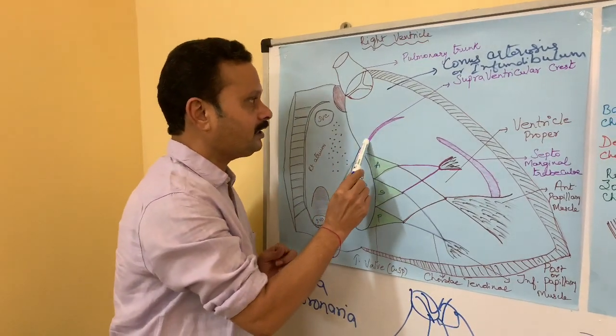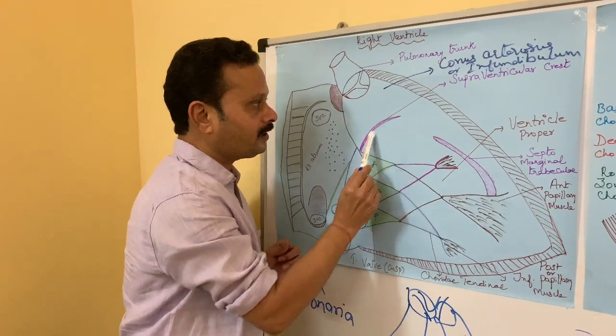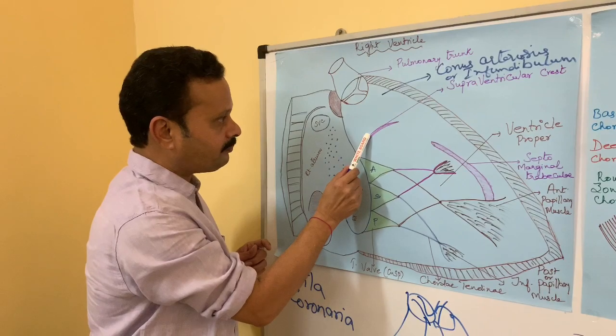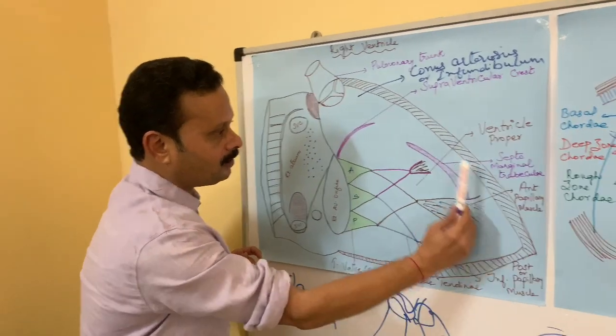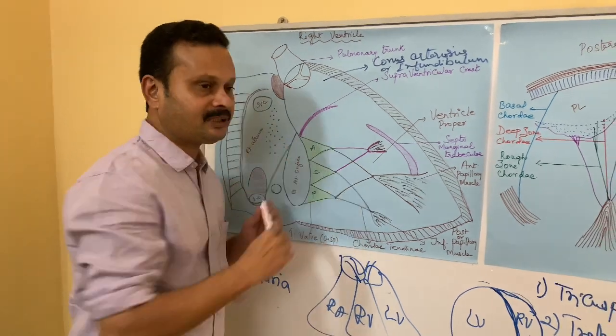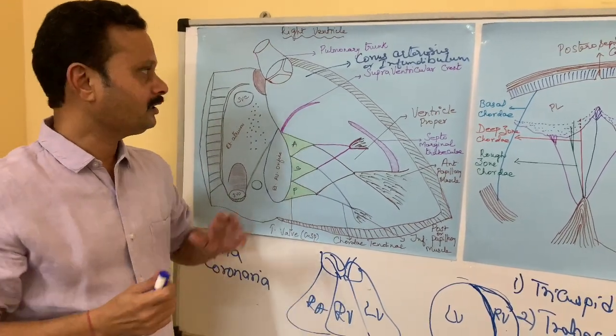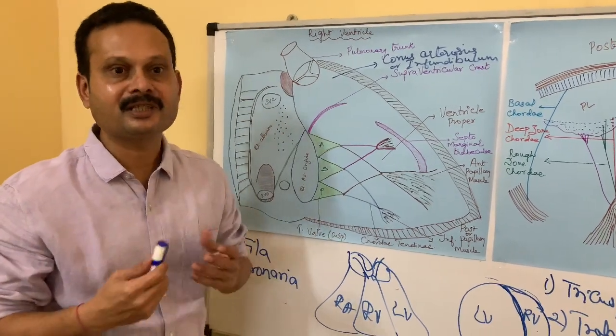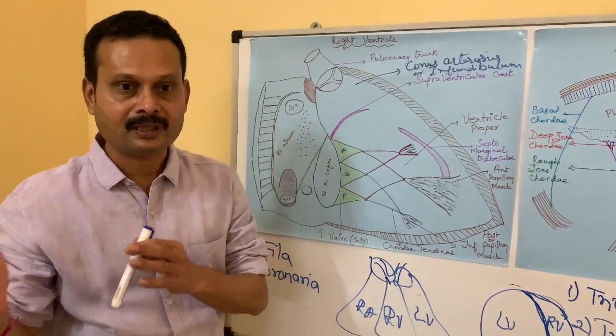This linear ridge called supraventricular crest separates the ventricle proper or the inflow tract from the outflow tract, and deserves special attention because it is derived from the bulboventricular ridge. Embryologically, it is a remnant of the bulboventricular ridge.